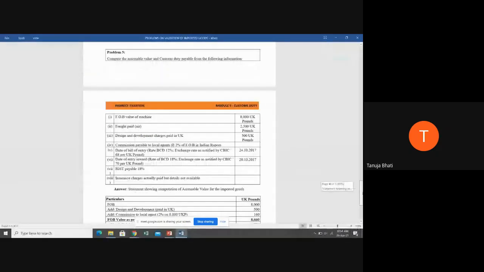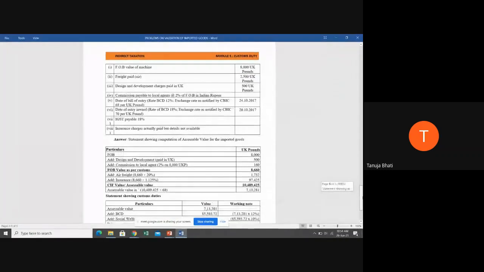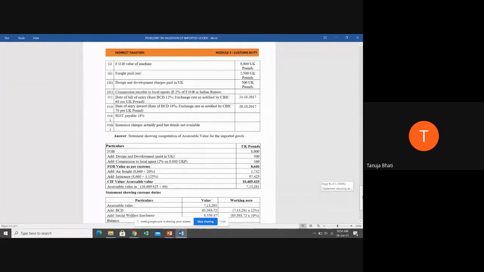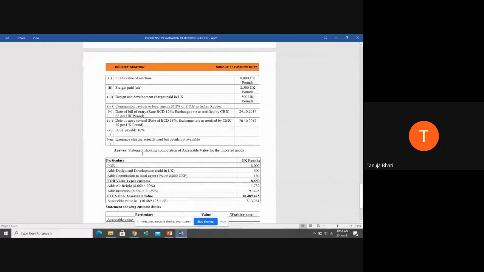Okay, so whatever information you have given, we'll put it in the form of a solution. Statement showing computation of assessable value for imported goods. Quickly, first we are going to take it in UK pounds because the information is given in UK pounds. So FOB value is 8,000 UK pounds. Add design and development, which is already explained by you students that it needs to be added.